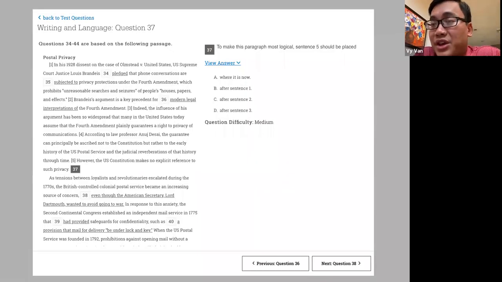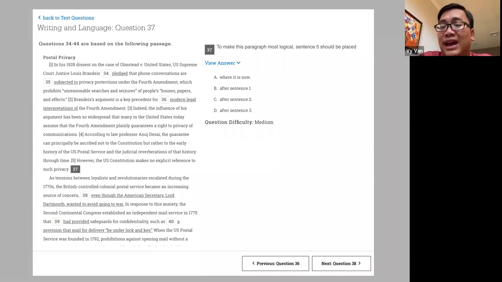So question number 37 is a sentence placement type question. It says, to make this paragraph most logical, sentence 5 is suitably placed where? Sentence 5: "However, the US Constitution makes no explicit reference to such privacy." There are two anchor words you want to look at.